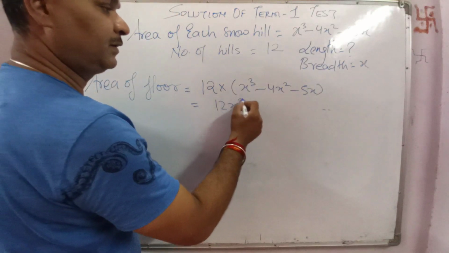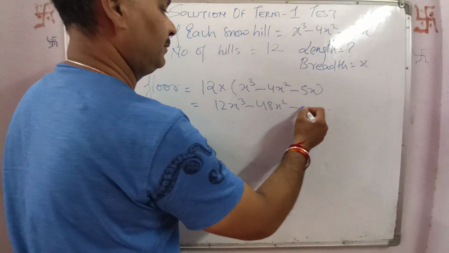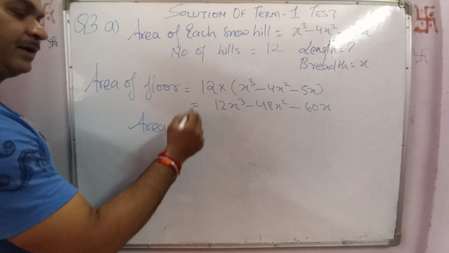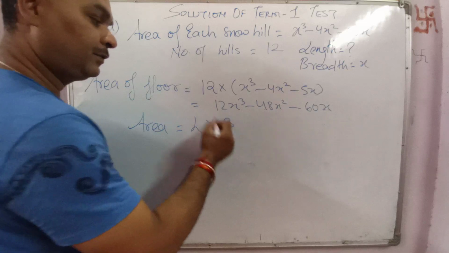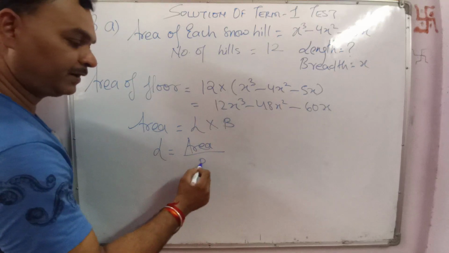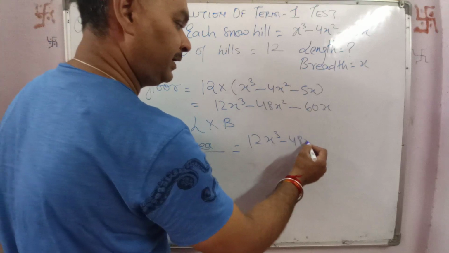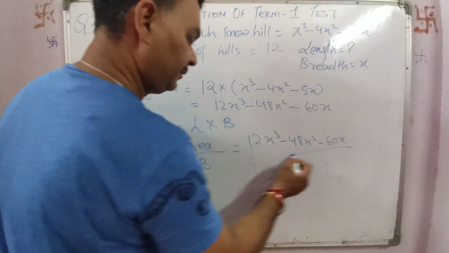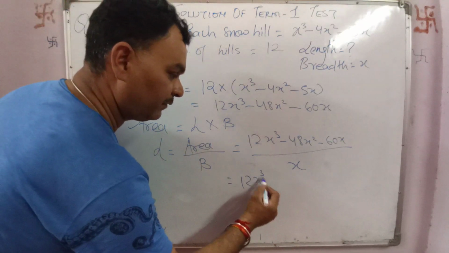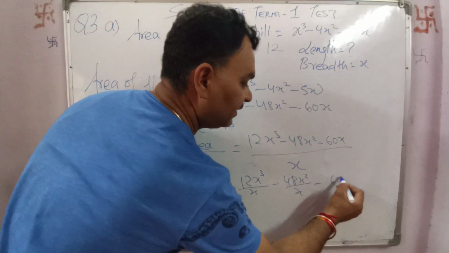So that will be 12x cube minus 48x square minus 60x. Now since we all know that the area of a rectangular floor is always equal to length into breadth, and we need to find out the length, that means the area must be divided by breadth. Now area comes out to be 12x cube minus 48x square minus 60x divided by breadth. Breadth is x. Breaking up into partial fractions, 12x cube upon x minus 48x square upon x minus 60x upon x.